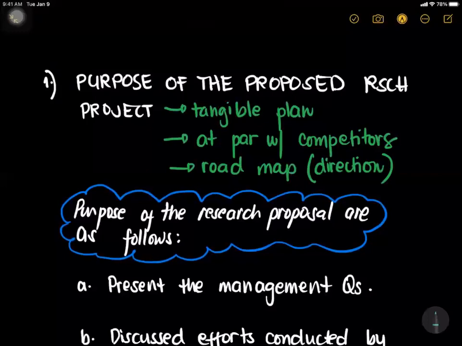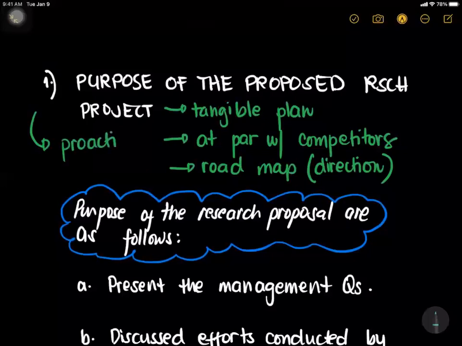All right. And also remember, class, that a well prepared proposal includes potential problems that may be encountered along the way and the methods for avoiding or working around them. So that's also being proactive. I would like to emphasize that the purpose of the proposed research should be proactive.